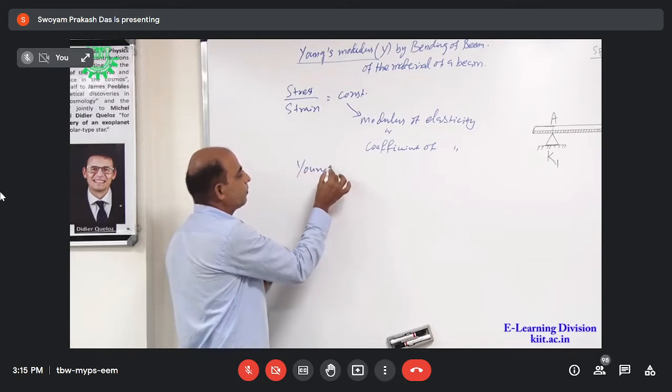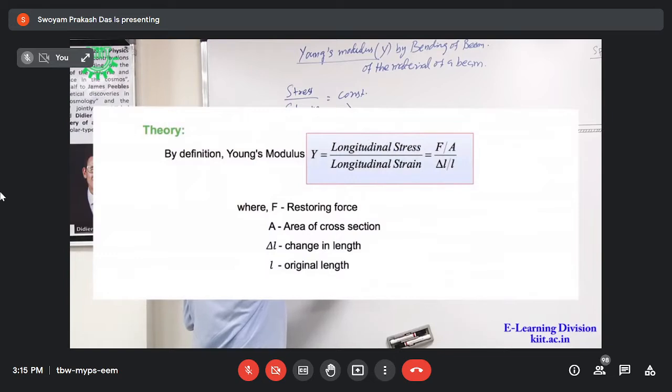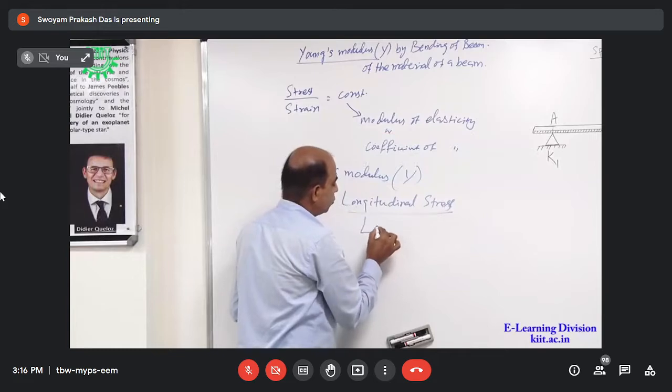Young's modulus, which we will determine, denoted by capital Y, is the ratio of longitudinal stress to longitudinal strain.